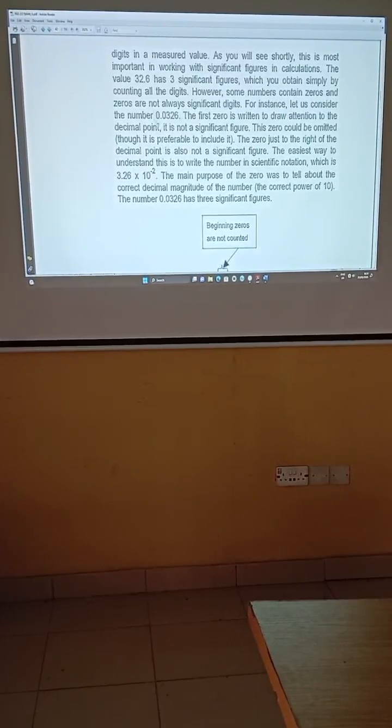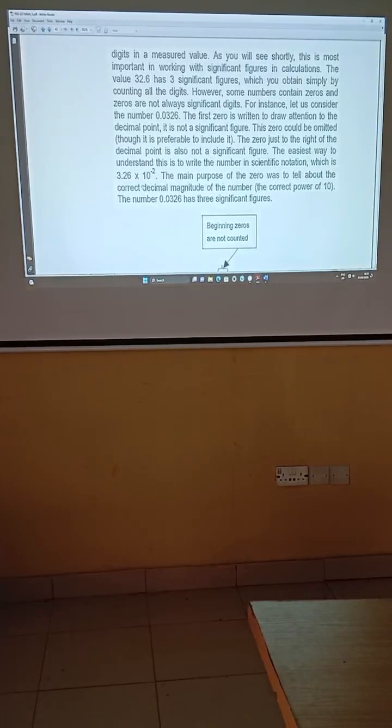So when a zero appears like that, it's always advisable to include it, though it's not significant. The zero to the right of the decimal point, that is the one after the decimal point, is also not a significant figure.